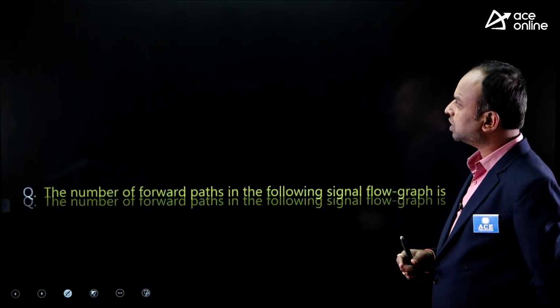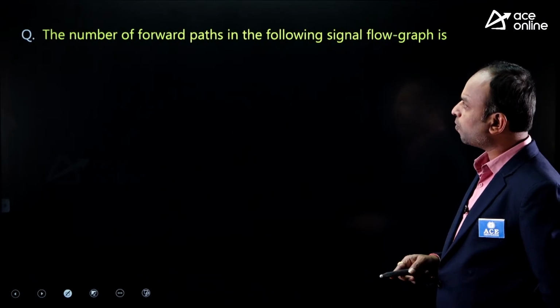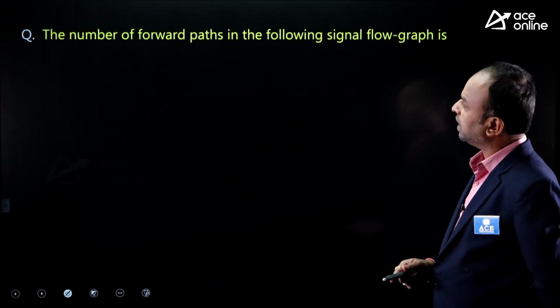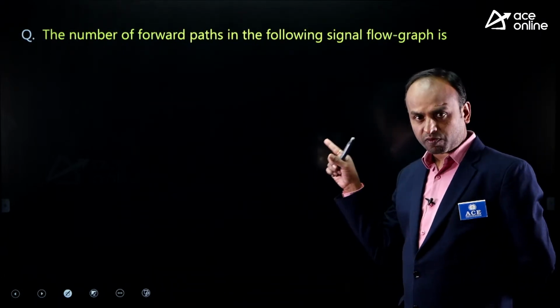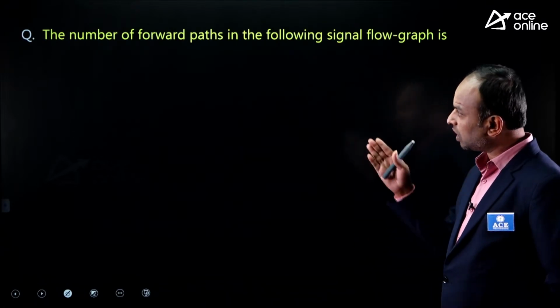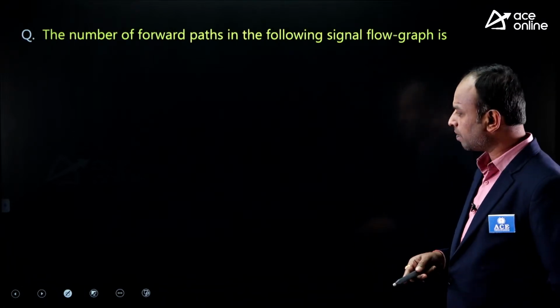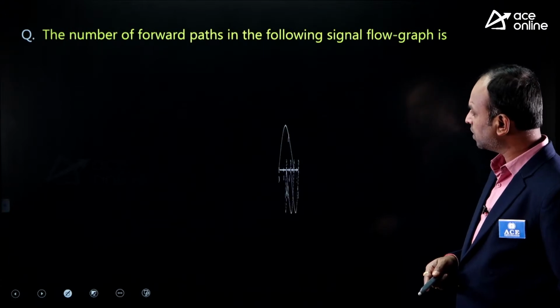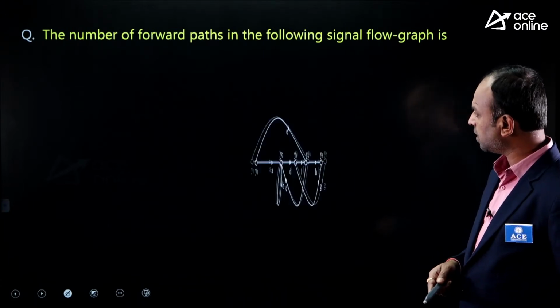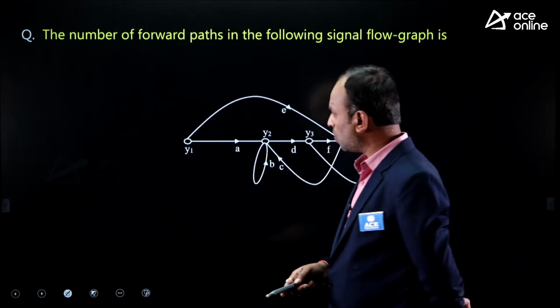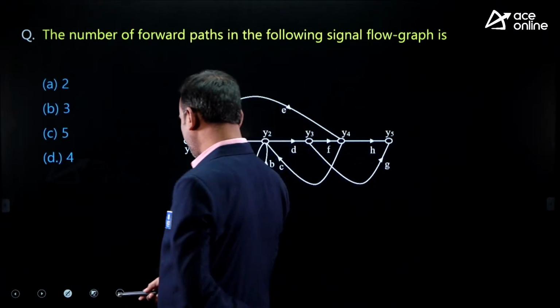Now first thing, the number of forward paths in the following signal flow graph is. Now I am going to provide one signal flow graph. So what is the number of forward paths here? This is one of the previous questions. These are the given options.